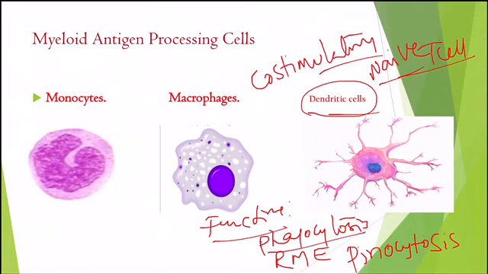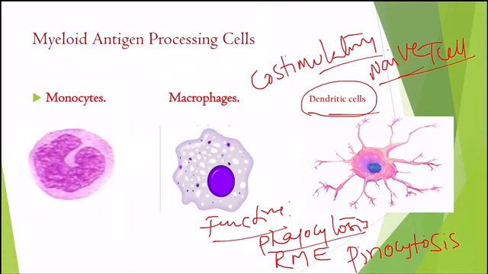After activation, the dendritic cells leave the peripheral tissues, enter the blood and migrate into the secondary lymphoid organs where the T cells are present. The major functions are antigen capturing and antigen presentation.